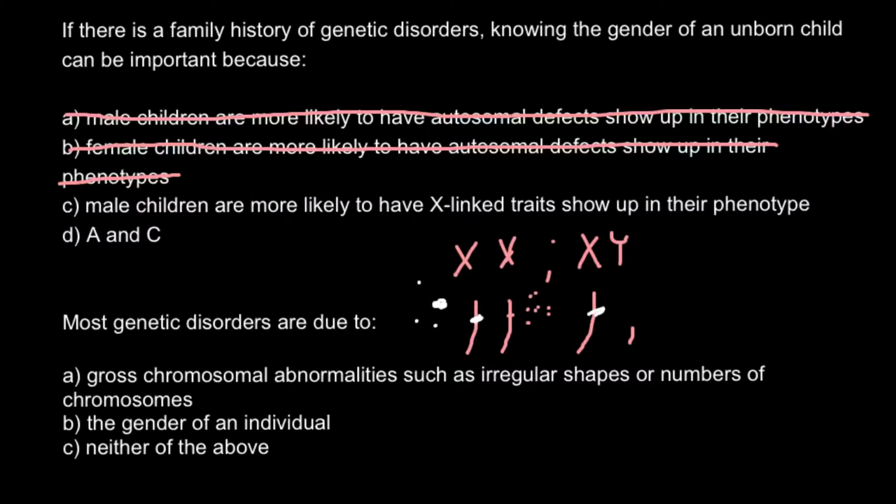But if we compare with the male genotype, a male has one X chromosome, and this X chromosome is always active in all the cells. None of them is deactivated to form a Barr body, because males have only one X chromosome.